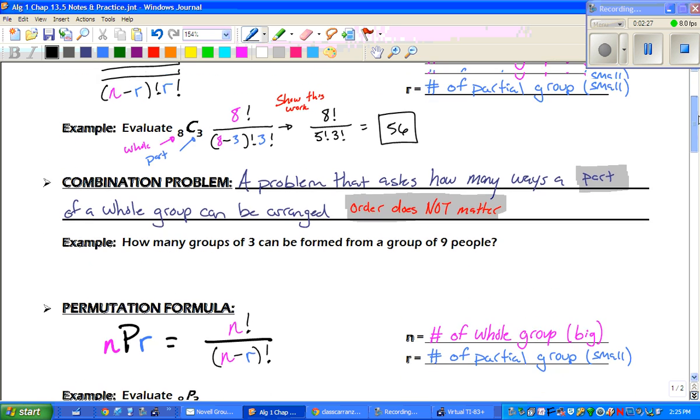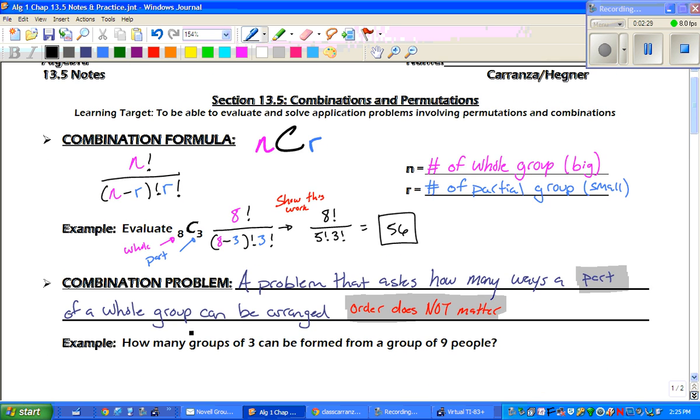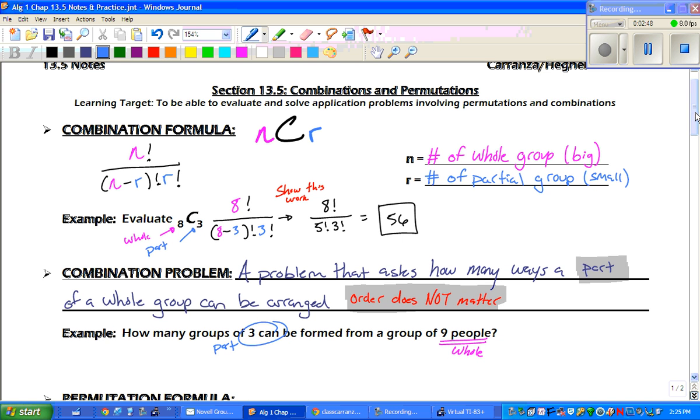Now let's read a problem where it talks about this. It says, how many groups of 3 can be formed from a group of 9 people? Okay, so right here, this is the whole, and the part right here. So we would write that as 9C3.